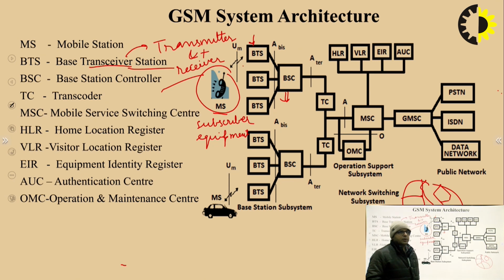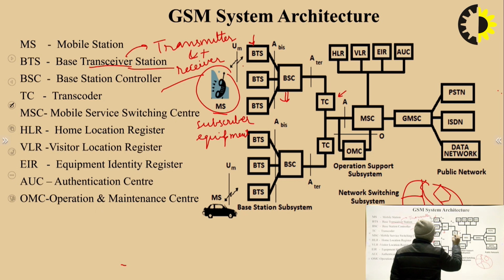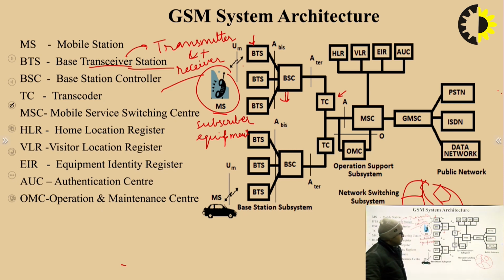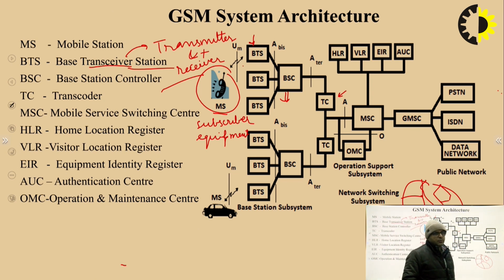The next component in this architecture is TC, that is transcoder. The transcoder is connected with MSC, which is known as mobile switching center. In the mobile switching center, the main components are HLR, VLR, EIR, and AUC. These are different registers which contain very important information.